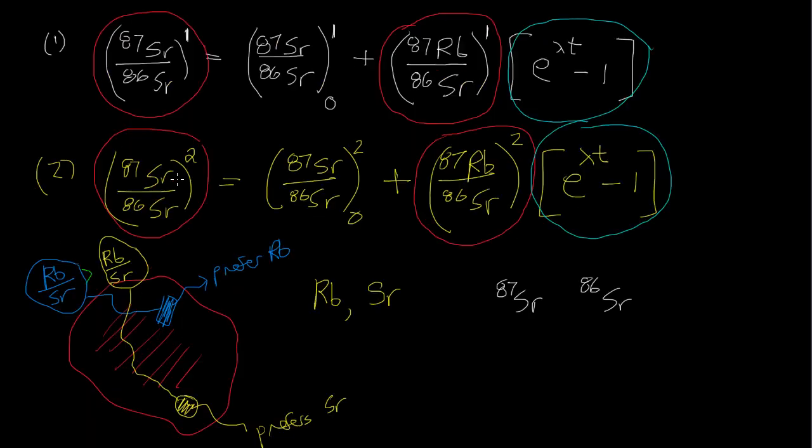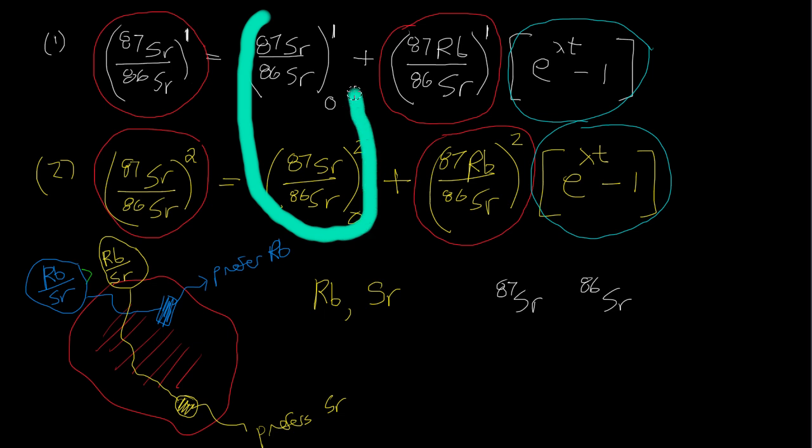So the initial concentrations of strontium-87 and 86 in these two minerals, which formed at the same time, are going to be exactly the same. In other words, these two values are actually the same.